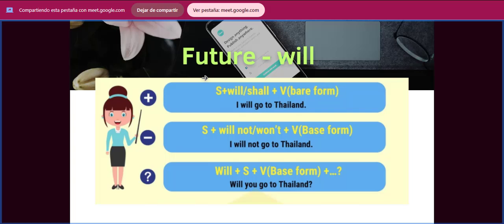Then for the negative sentence, we will follow a really similar structure. We will have first the subject, then will plus the negative particle not, and then the verb in the verb form or the simple form. When we join will plus not, it will change into won't. So instead of saying will not, what we will say is won't.